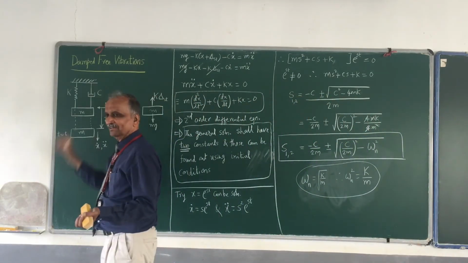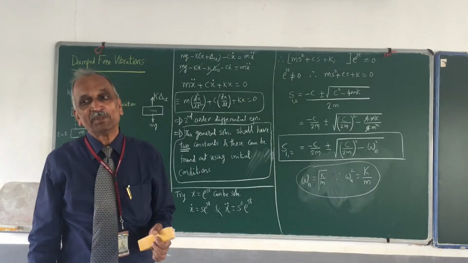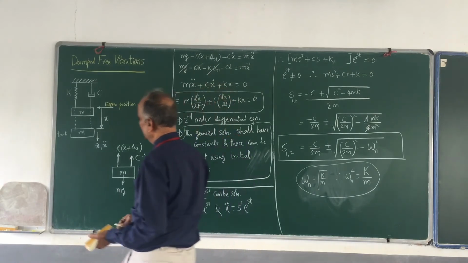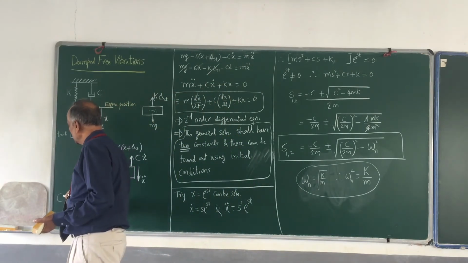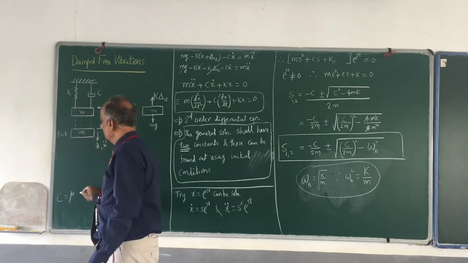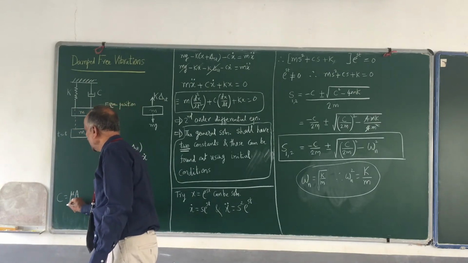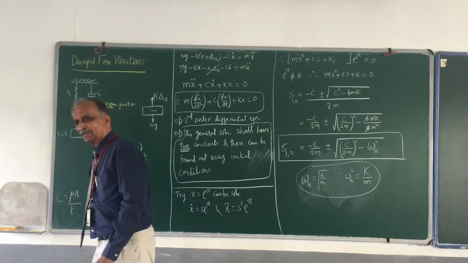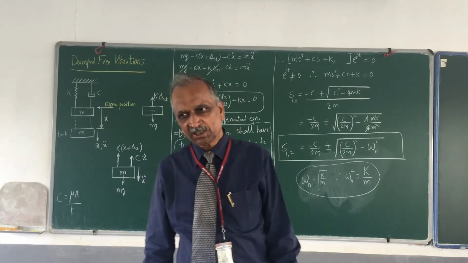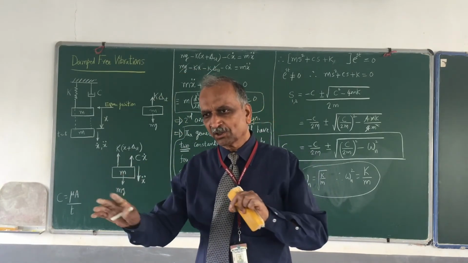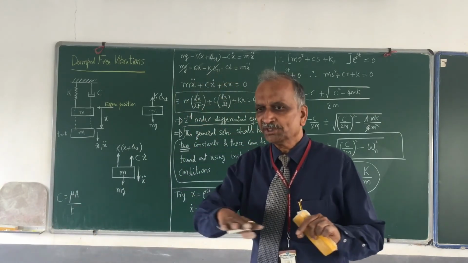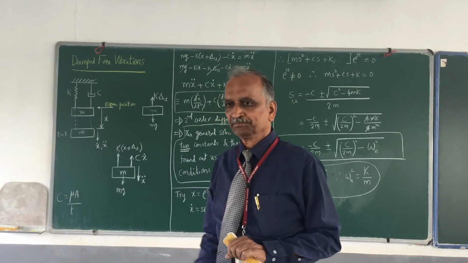What is C? We call it the damping coefficient. It is a constant for a given system. If you remember from yesterday's class, C is equal to mu into A divided by T. What is mu? Mu is the viscosity of the fluid. A is the cross-sectional area of the plate, the area of the plate which is in contact with the fluid.